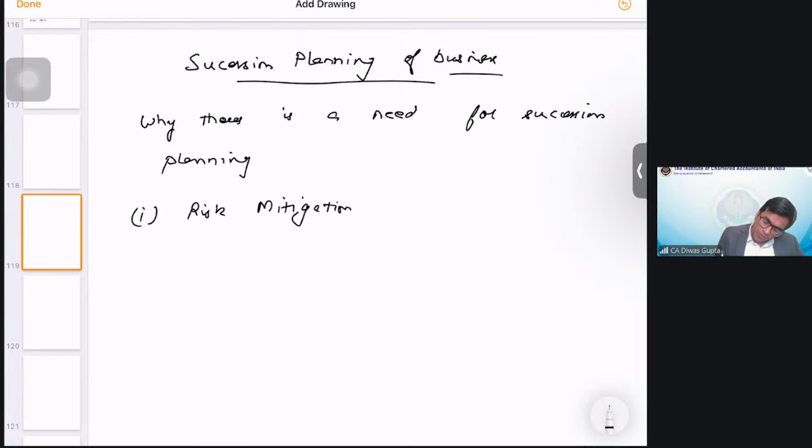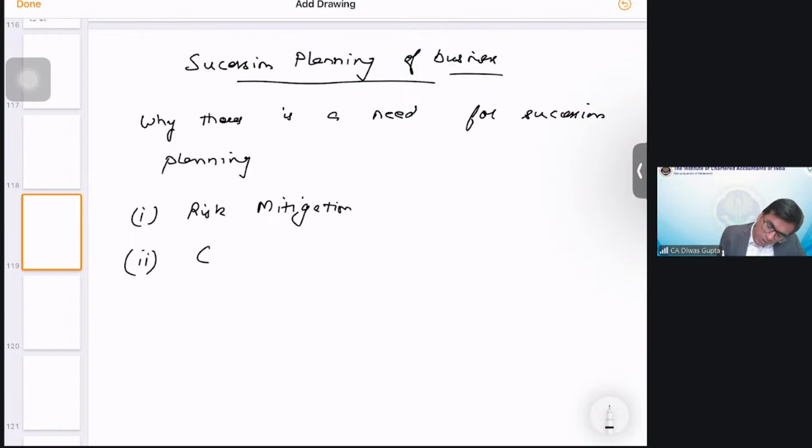Risk that the business will continue without any leader, right? Or let's say the specific targeted roles which are very important for the company will be there without any person supporting it. So there is a risk to it. So one, we would want a risk mitigation to happen.